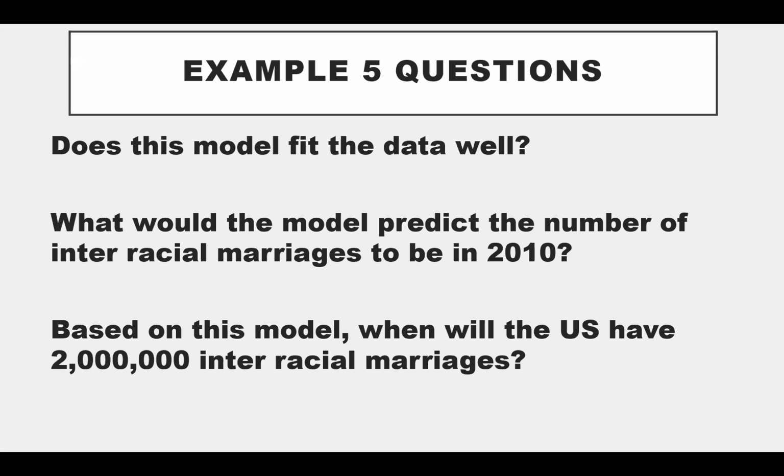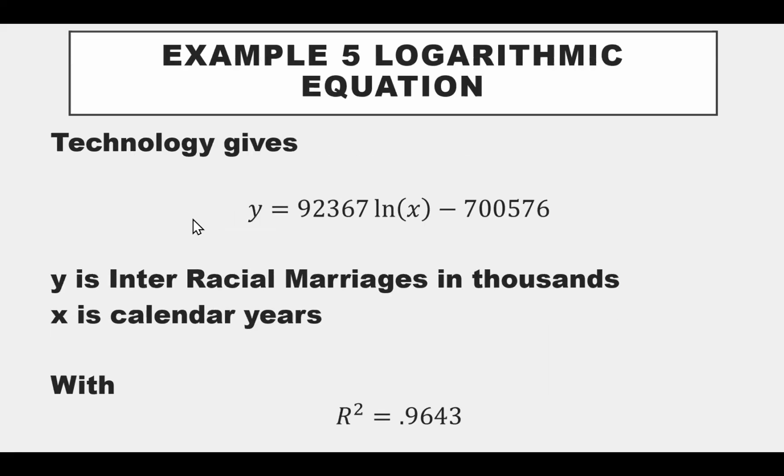So we'll ask, does this model fit the data well? What would the model predict the number of interracial marriages to be in 2010? And based on this model, when will the US have 2 million interracial marriages? Push pause on the video if you'd like and answer those questions on your own. In a couple of seconds, I will show you how this is done with this model.